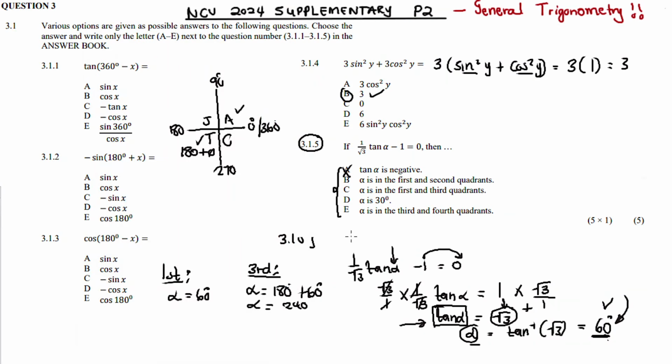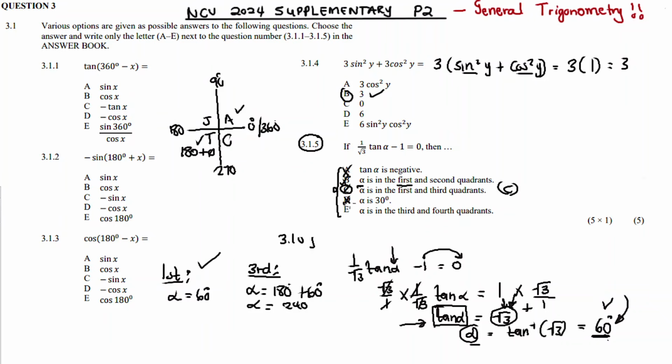So this explains why B cannot be the answer, because alpha is in the first quad and the third quad, not the second quad. It has to do with the sign of that value. So alpha is in the first and third quadrant. So C is our solution. C is the answer here.